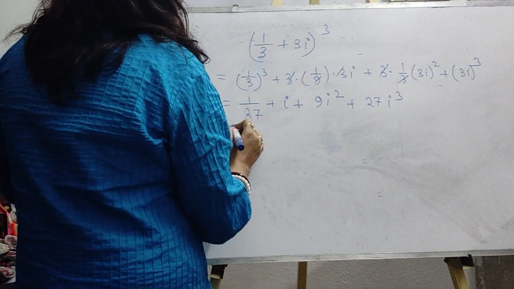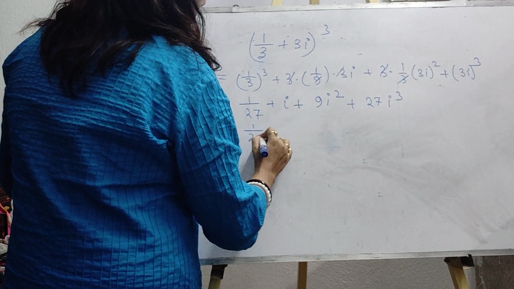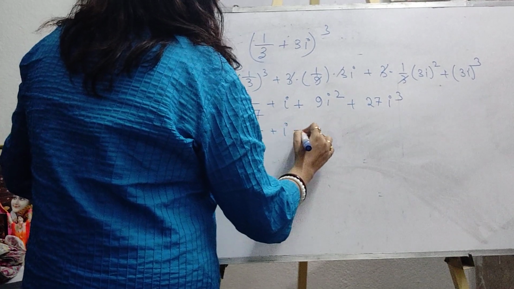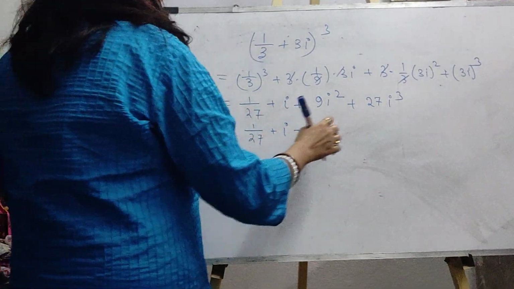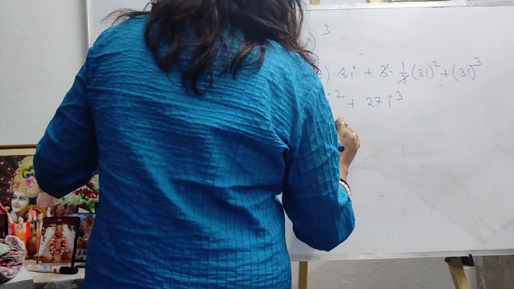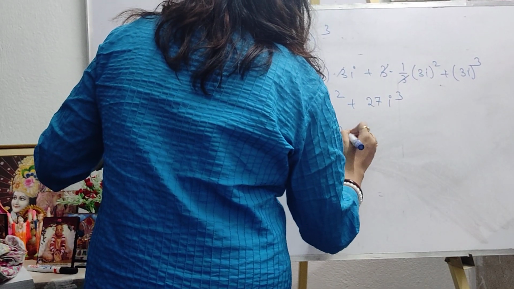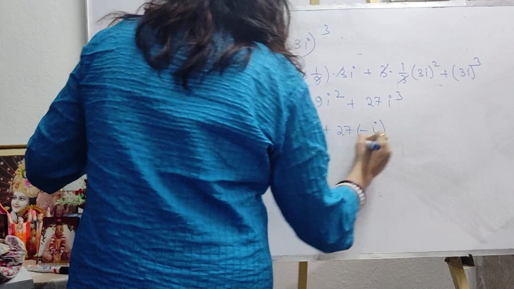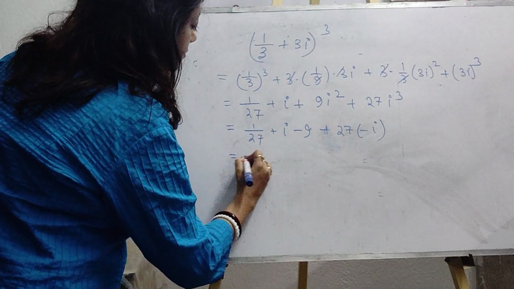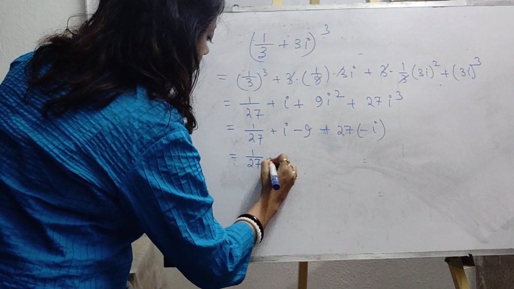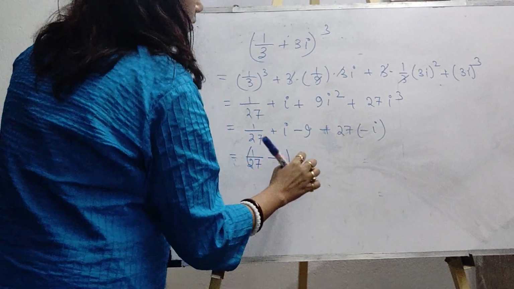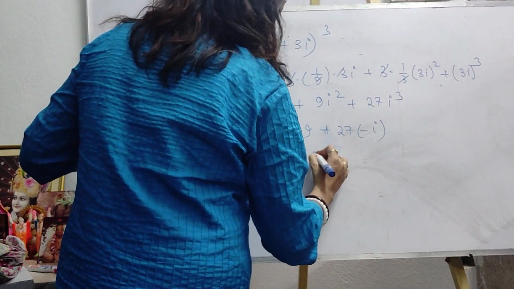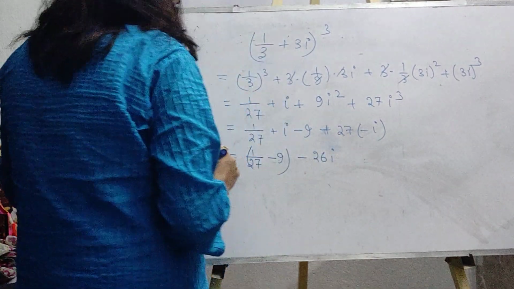So that is minus 9. 27i cube means 27 into minus i. So 1 by 27 minus 9. i minus 27i means minus 26i.